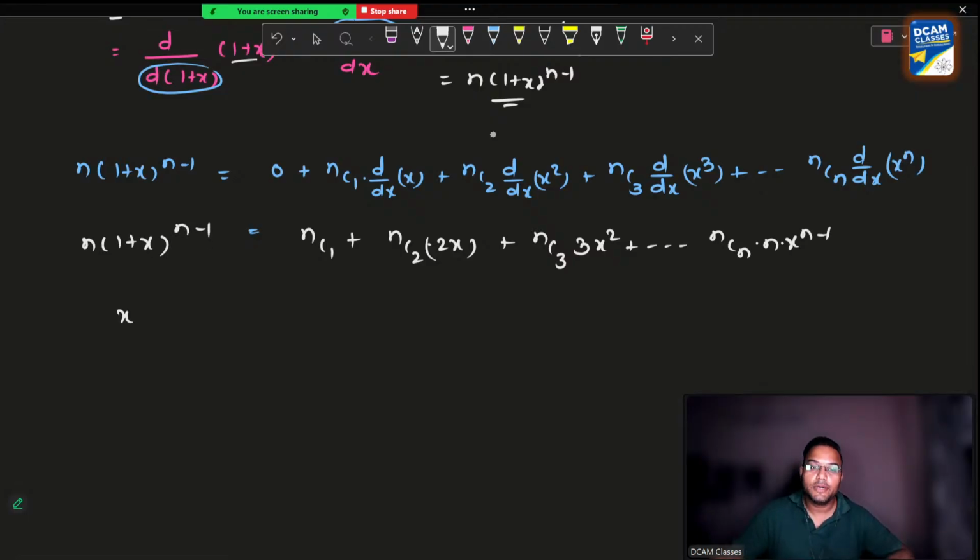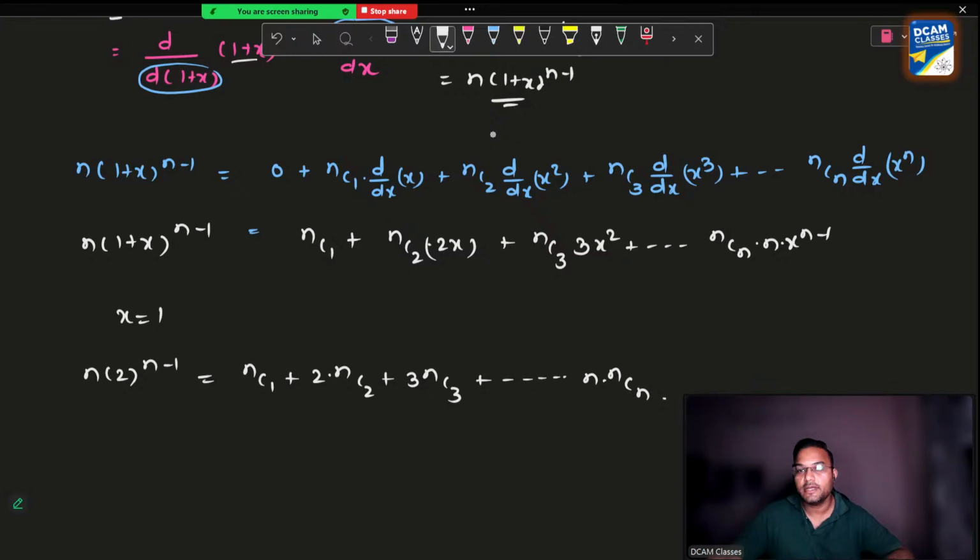Now you have to put x equal to 1 on both sides. You'll get n into 2 power n minus 1 is equal to nc1 plus 2 into nc2 plus 3 into nc3 and so on up to n into ncn. See, we are getting the result.